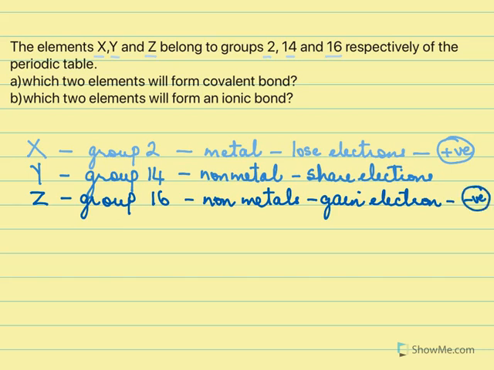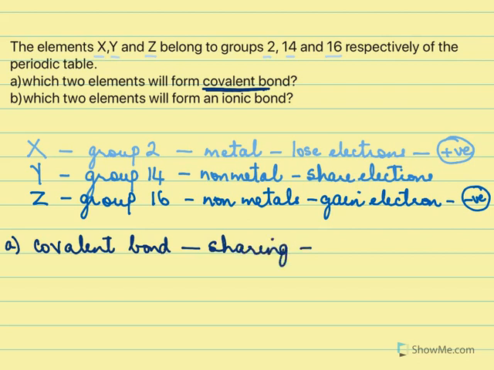The question is, which two elements form a covalent bond? Now a covalent bond is formed by sharing electrons. Sharing will take place only between two non-metals, because both require electrons, so they share.